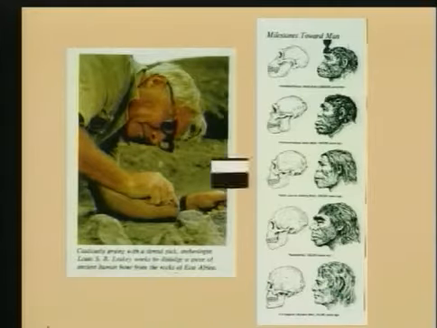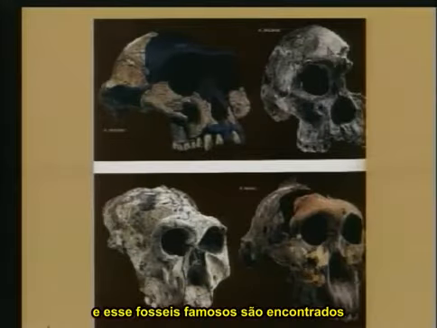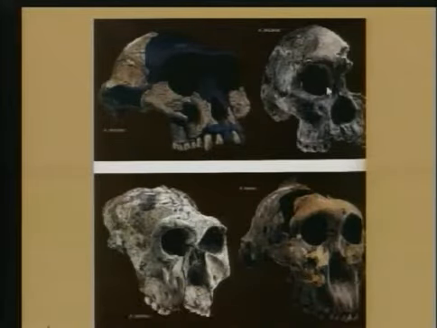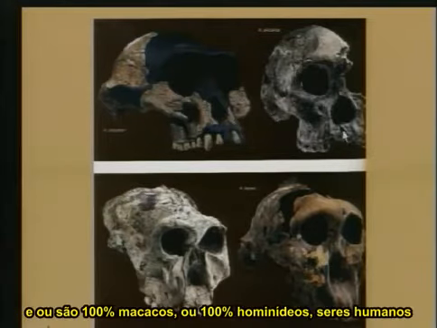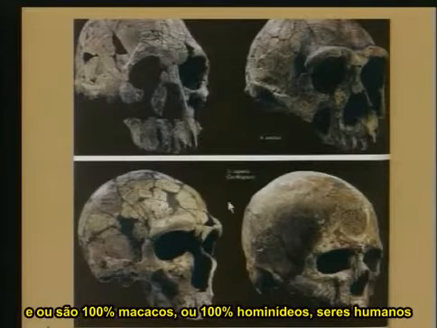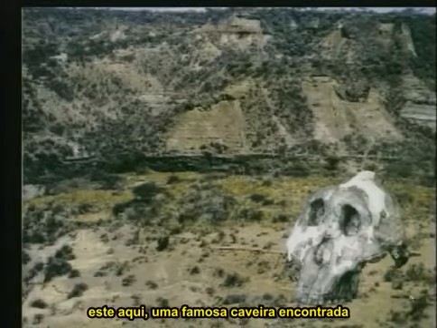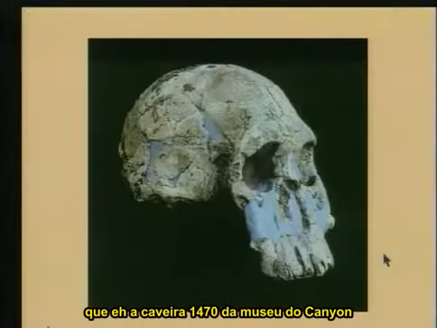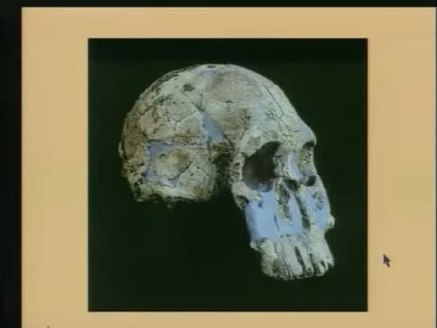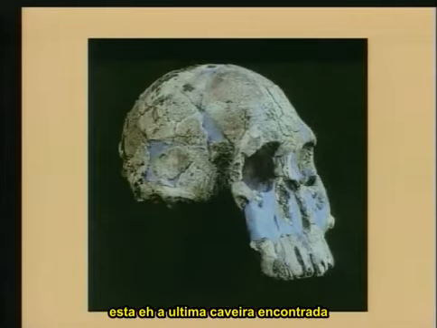That's their lineage. And their most famous fossils were found at Olduvai Gorge, and all of them are either 100% ape or they are 100% hominid, human-like. This one over here, Olduvai Bed 2, they find this famous skull, which is skull 1470 from the Kenya Museum. There it is. That is the ultimate in-between fossil. That's what they've got of him. That's it.